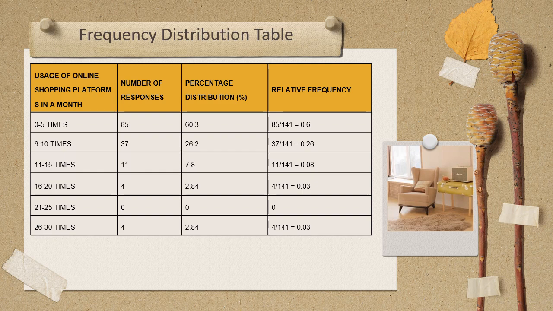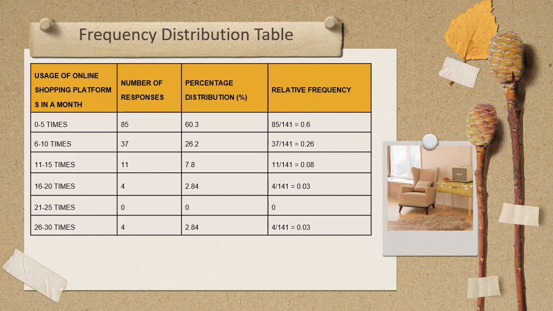So the number of responses gathered for the option of 0 to 5 times is 85, followed by 37, and for the option 11 to 15 times is 11. So the 16 to 20 times is 4, 21 to 25 times is 0, and 26 to 30 times is 4.